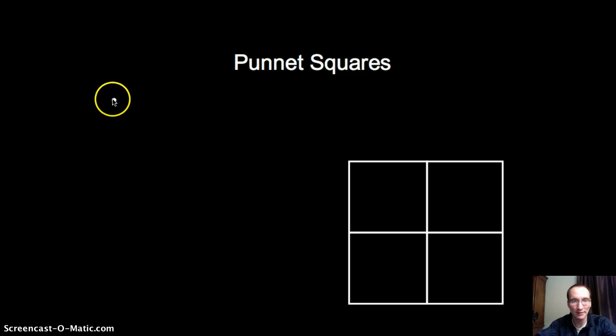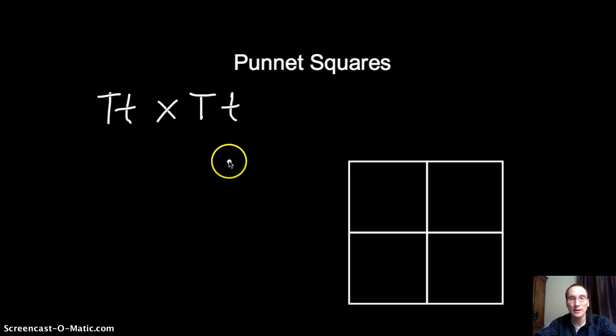Let's say that we have a tall dog who is heterozygous, and it's going to mate with another tall dog that is heterozygous. Okay? Now, really, each person has two different alleles. And one of those alleles is going to get passed down to their offspring.